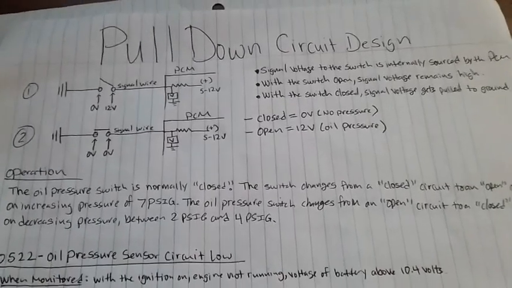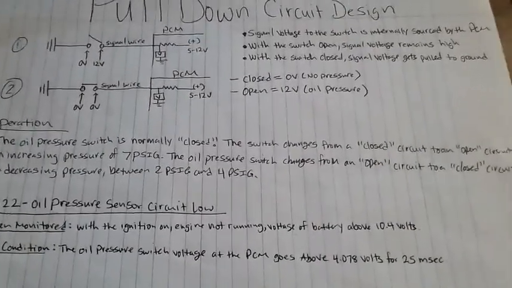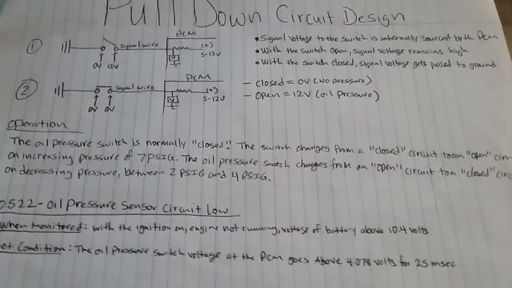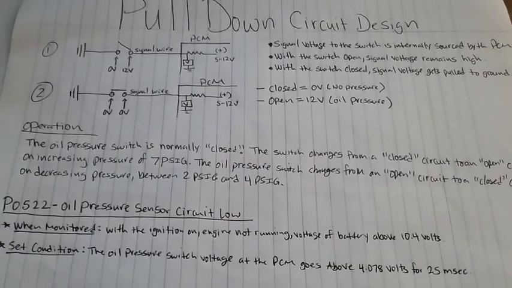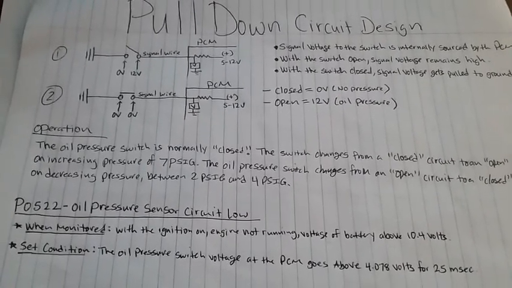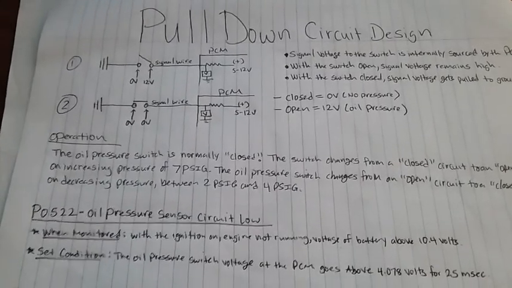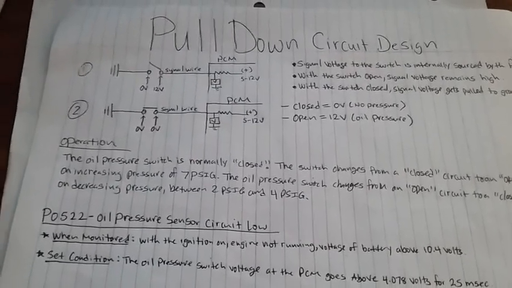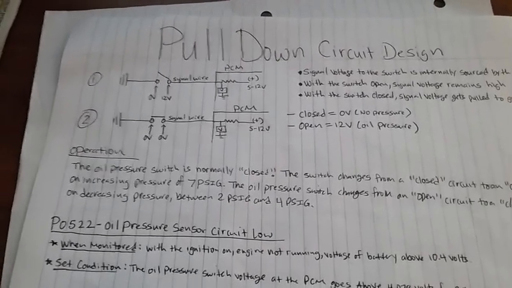I'm going to show you these voltages with the key on, engine off, and then once I turn the vehicle on, that 0 volt condition is going to jump to approximately battery voltage, 12 volts or higher, depending on the voltage once the alternator kicks in and starts charging the battery.